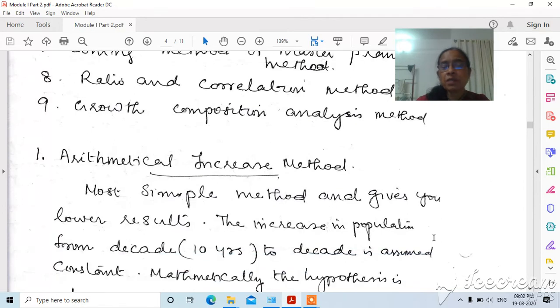The first one is the arithmetical increase method. That is the most simple method, and usually for rough calculation we consider the arithmetical increase method.